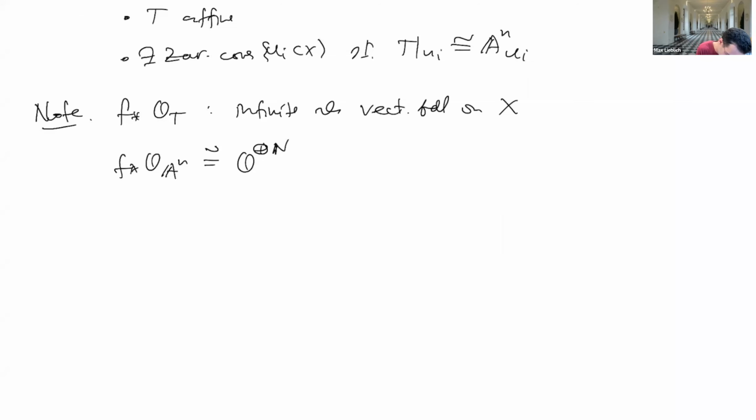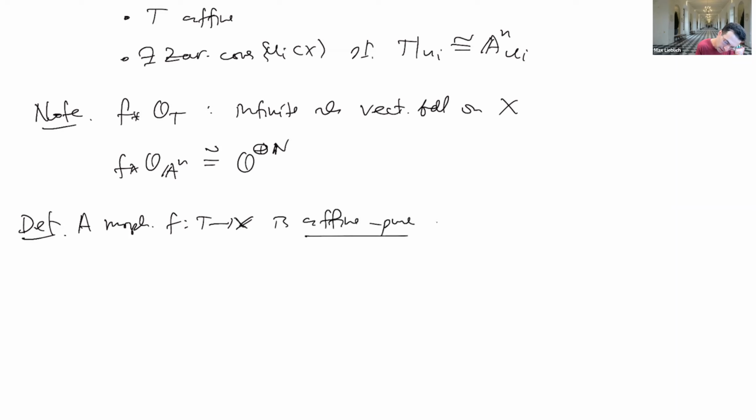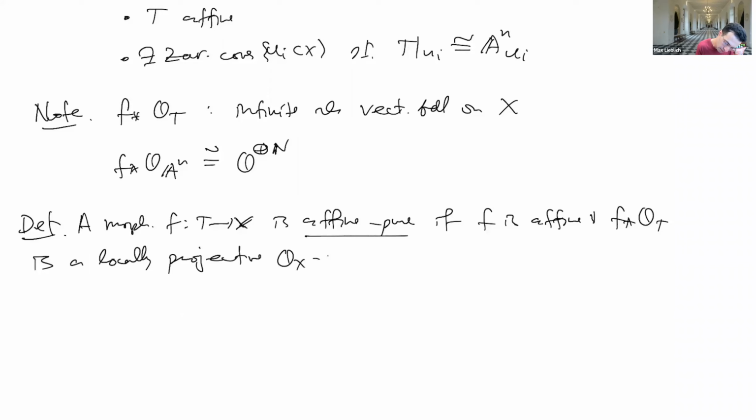So there's a name for these morphisms due to Raynaud and Gruson, I think. A morphism f from T to X is affine pure if f is affine and f lower star of O_T is a locally projective O-module. Locally projective you can think of as locally free in the cases where things are sufficiently Noetherian and nice.